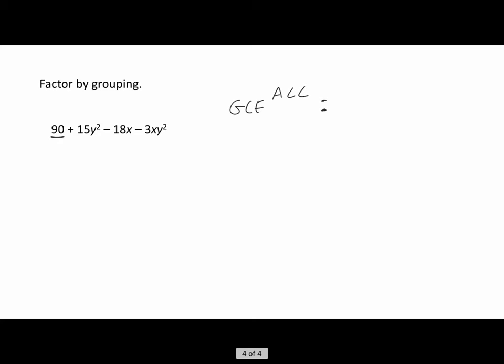So let me see. 90, 15, those share a factor of 3. Yep, there's a 3 in all of these terms. I want to factor that out. No variables because the first term has no variables. So 3 is the most they could have in common. So let me factor 3 out of this first. So I'll divide to see what remains of these terms.